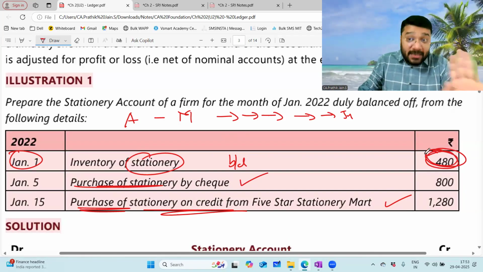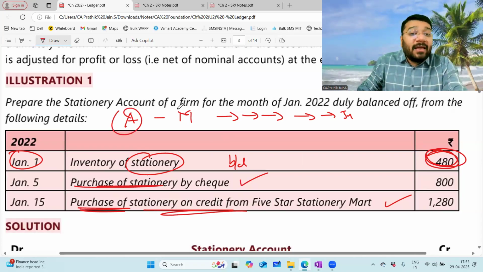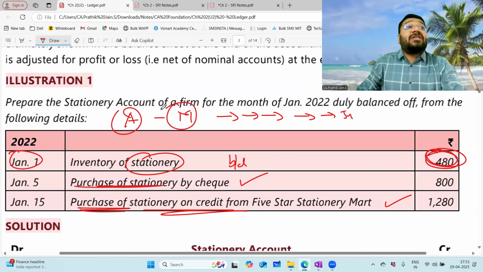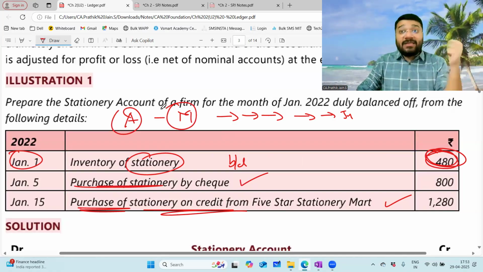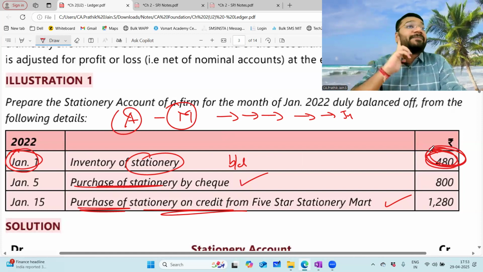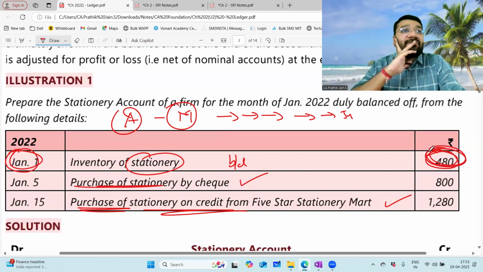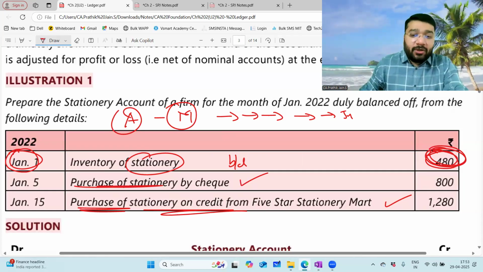Possibility is there. I'm not saying this is the only possibility. If it is an April to March financial year. If the financial year is Jan to December, Jan 1 opening balance could then be an asset. Now tell me, what do you think this is? No, you have to make an assumption here. Listen to me very carefully.